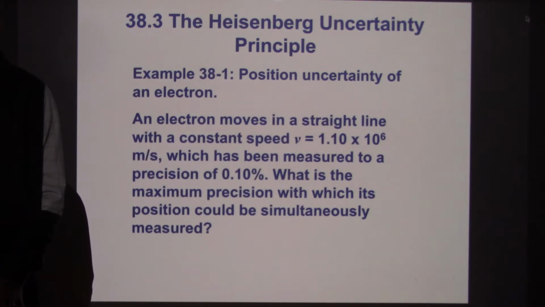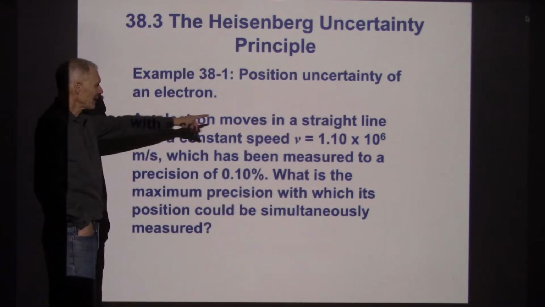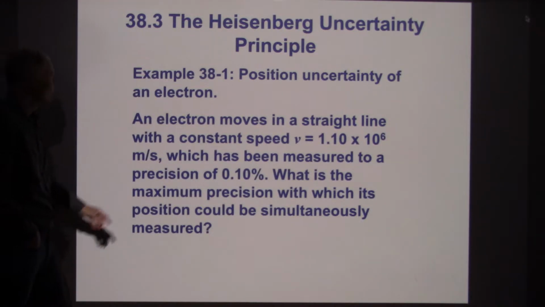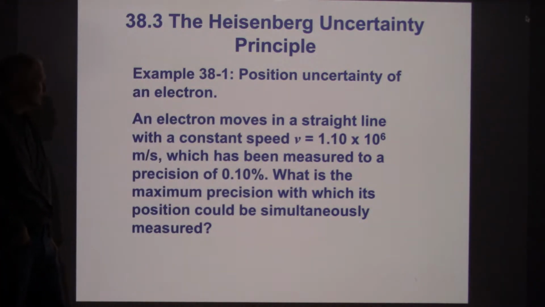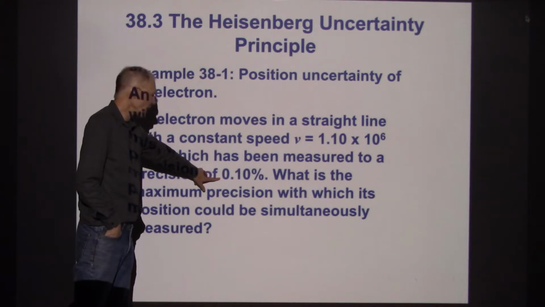So let's say that we have an electron moving in a straight line. It is traveling at a speed of 1.1 × 10^6 meters per second, and it's been measured to a precision of 0.1%. This is the precision on the velocity.